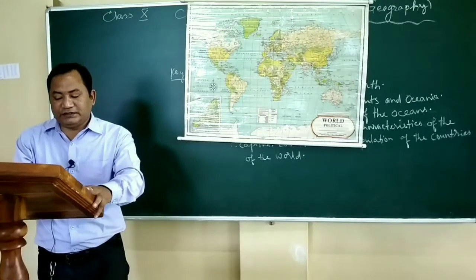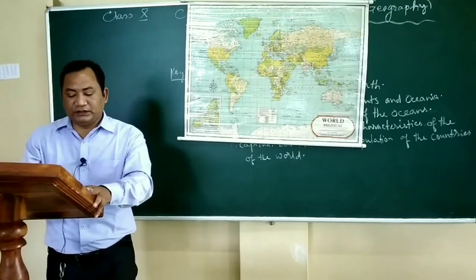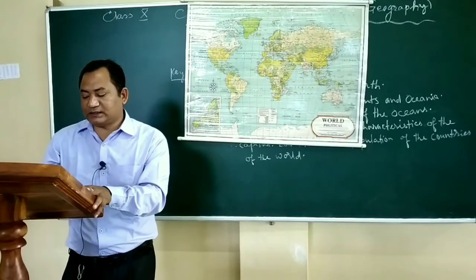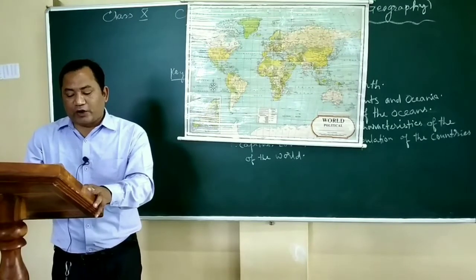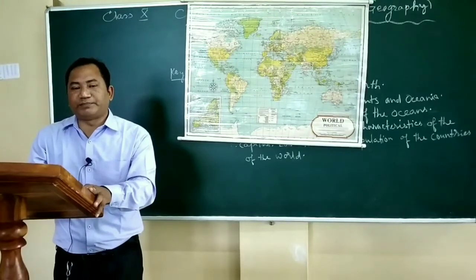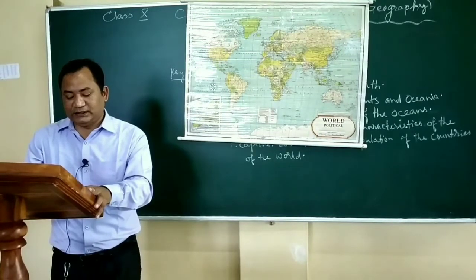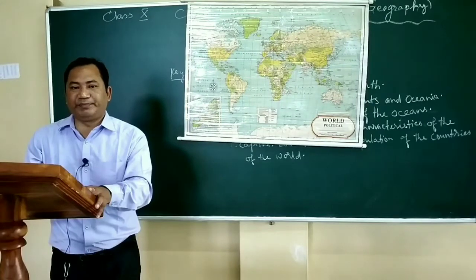Among the continents, Asia, and among the oceans, the Pacific are the largest in area. According to the census of 2015, the total population of the world is 730 crores or 7.3 billion.